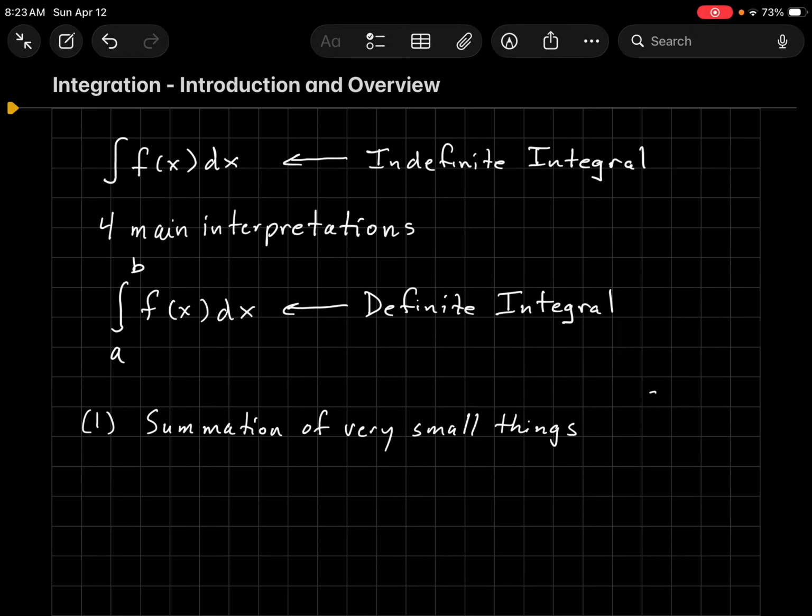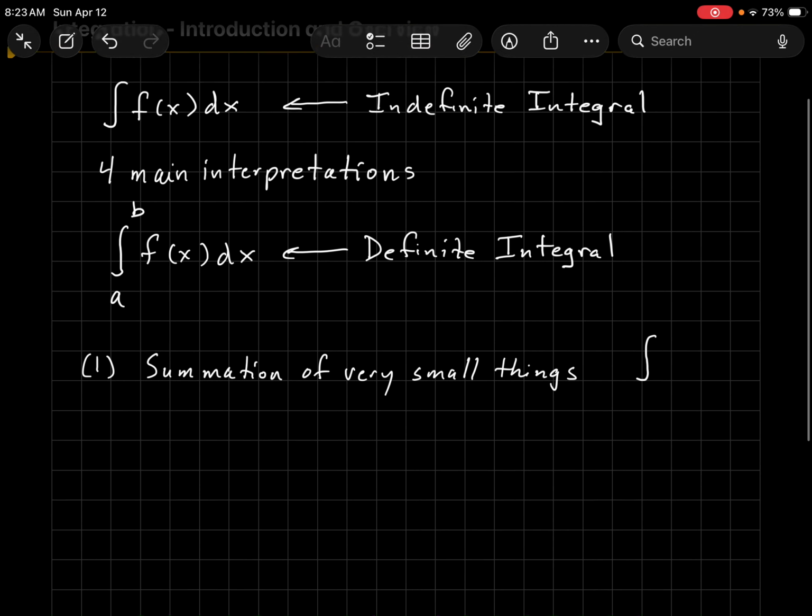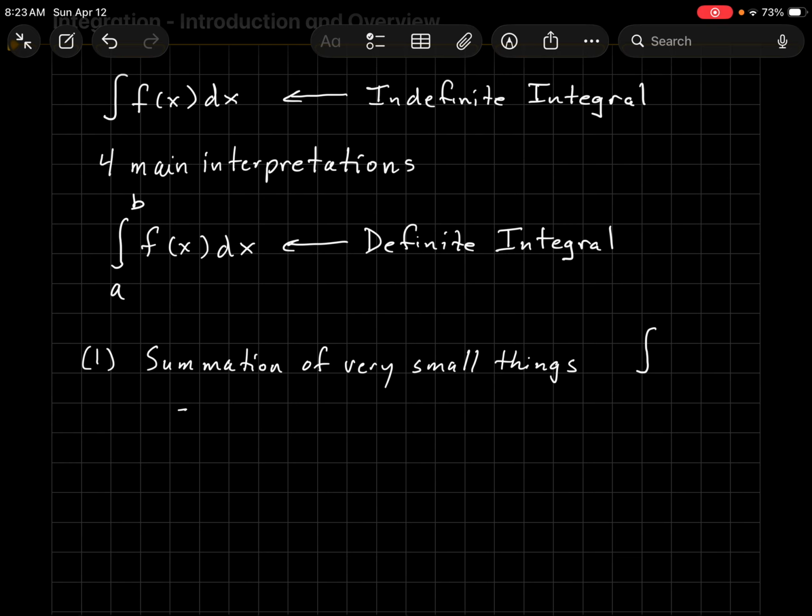It's why this symbol for the integral looks like a stretched out S. So we could have written an integral like this. It's kind of where we start when we're doing integrations. Where hopefully you recognize the symbol as being the summation of things.